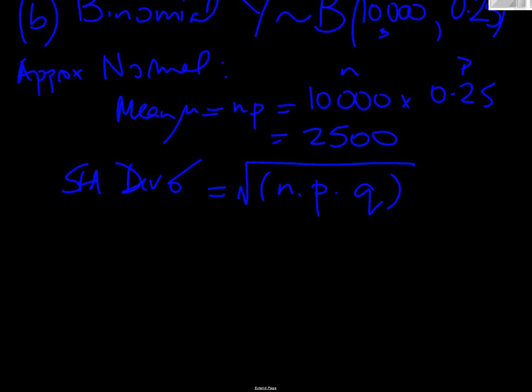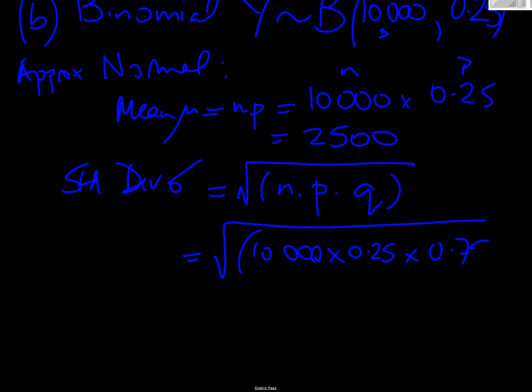Okay, so let's put those numbers in. We've got the square root of 10,000 times 0.25 times q, which is 1 minus p, which is 0.75. So that should give us a standard deviation of 43.30.